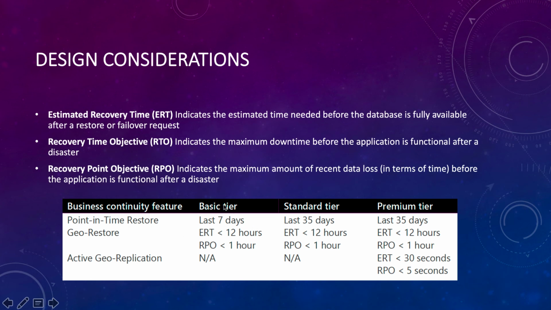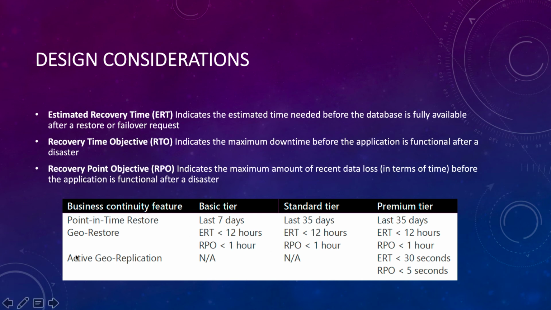As you can see, basic tier keeps last 7 days, standard tier keeps last 35 days, and premium tier does the same. For geo-restore, ERTs are less than 12 hours in the basic, while they can go same all over the tiers. Same story is with RPOs. As you can see, all over the tiers, you have the RPOs less than 1 hour.